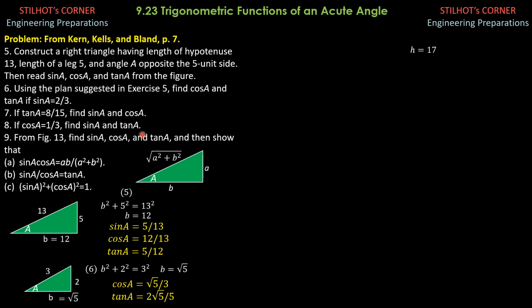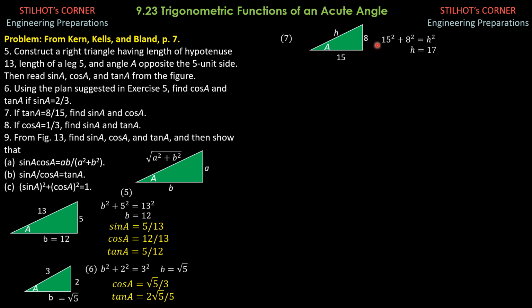Then we proceed to problem 7. If tangent A is 8 over 15, find sine A and cosine A. So we have here tangent A opposite 8 over 15. So the hypotenuse 15 square plus 8 square equals hypotenuse square. So the hypotenuse is 17.